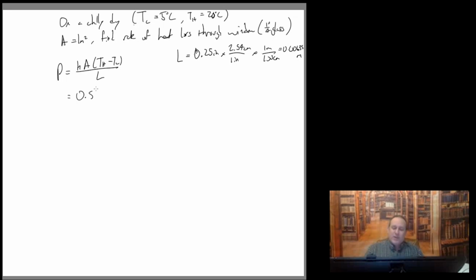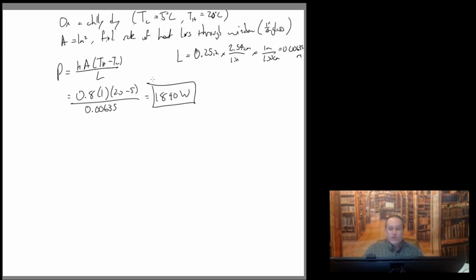So that's going to be 0.8 times 1 times the temperature change, 20 minus 5, that's a 15 degree temperature difference, over 0.00635. That is 1,800, let's just round it to 90 watts.